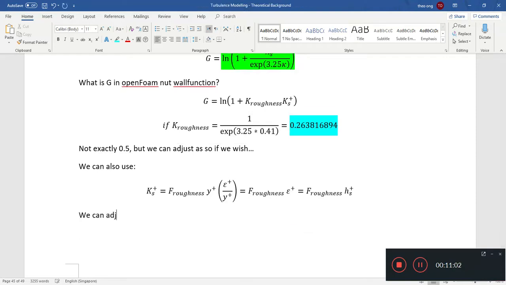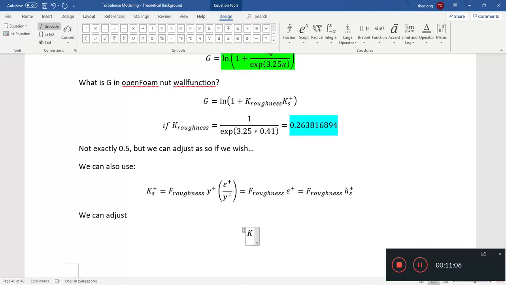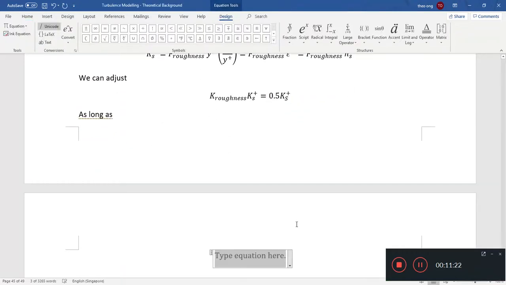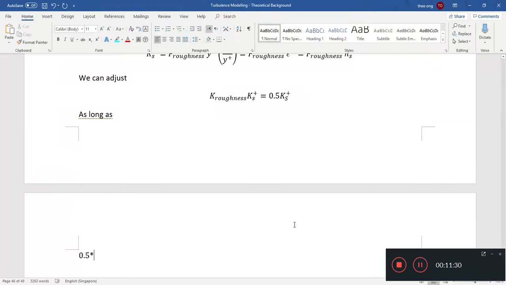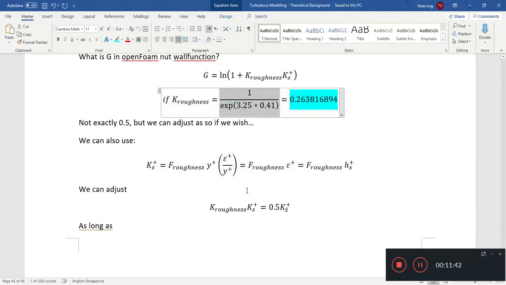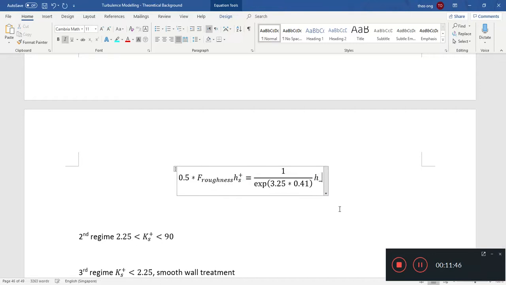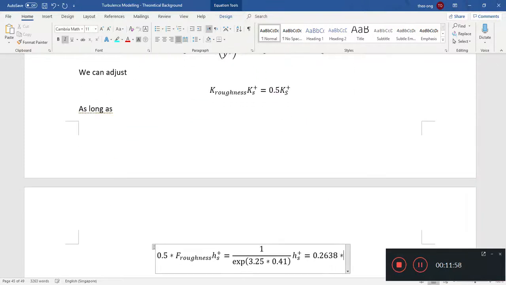So we can adjust K roughness KS plus equals 0.5 KS plus, as long as 0.5 times F roughness KS plus must equal this number, 0.2638 times KS plus.